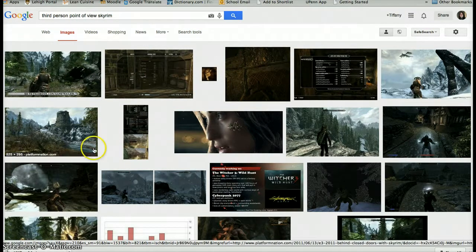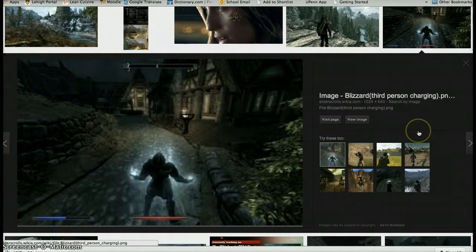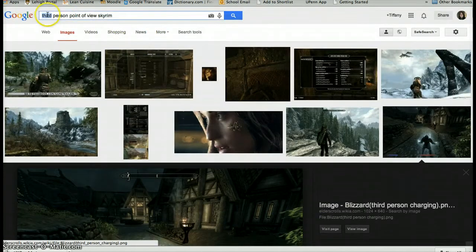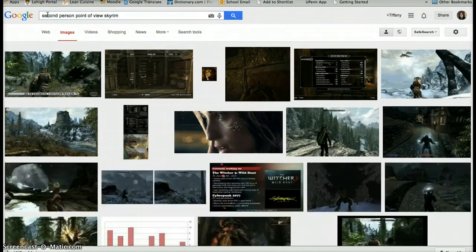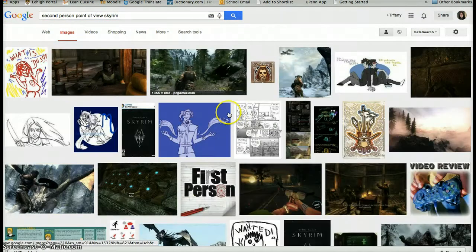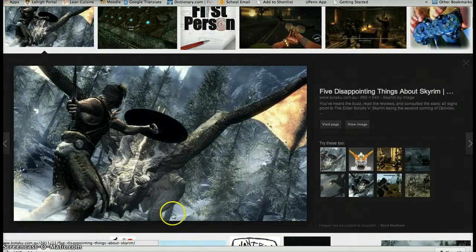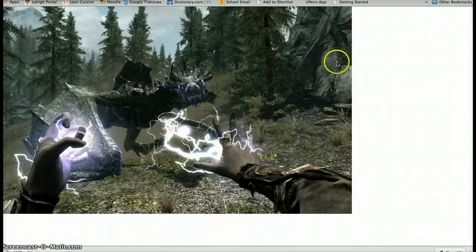So you see more of yourself, I suppose, as opposed to the second person point of view in Skyrim. You're a lot closer. I don't see that much of a difference between second and third person in gaming, so don't get confused by that. But at least we can talk about it through the eyes of first and second person when we're gaming.